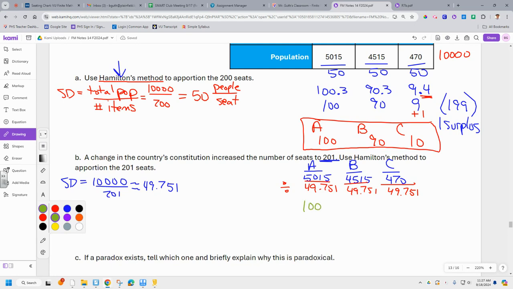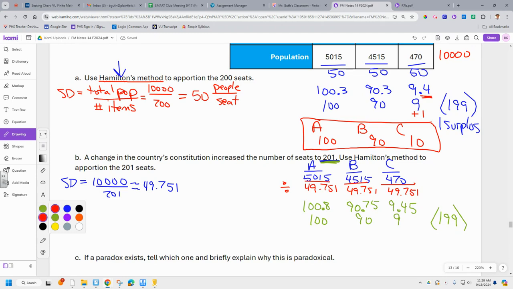When we divide by 49.751, I get 100.8, 90.75, 9.45. Hamilton's method, we're going to round down. That's 100, 90, and 9. Adding those up, again, you get 199. But remember, we're trying to apportion 201 seats.